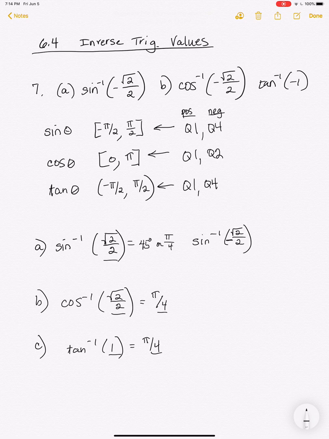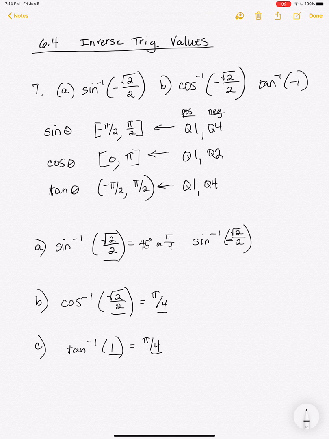Now, the good thing about this is they kind of made it easy for you the way they restricted the domain. So if I'm looking at this, what you need to think about, and really you would do this with any problem, if they give you a negative value, always find the positive value, because that's going to be your reference angle, and then use it to find the angle in whatever quadrant you're looking for.